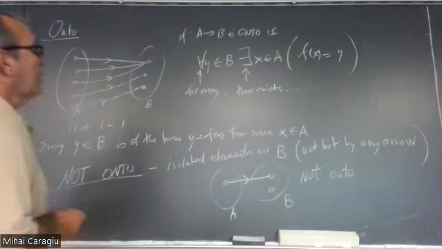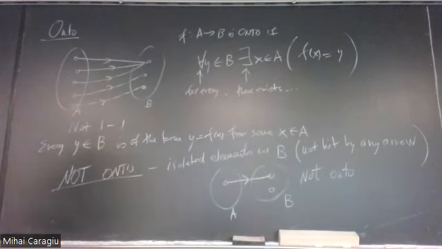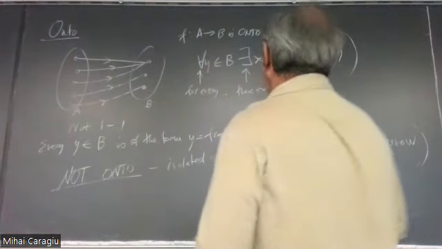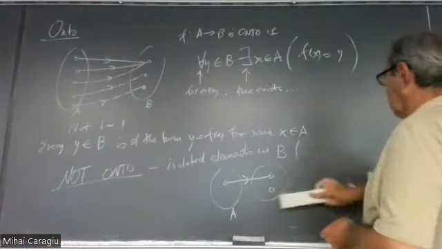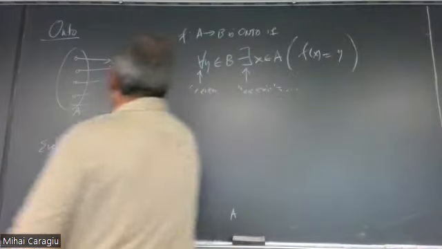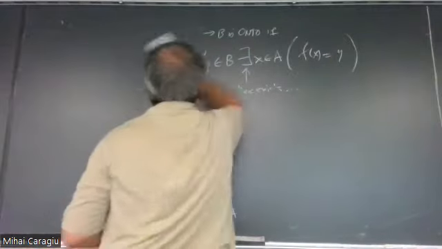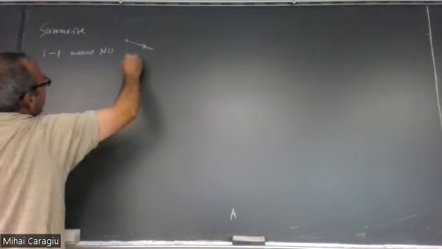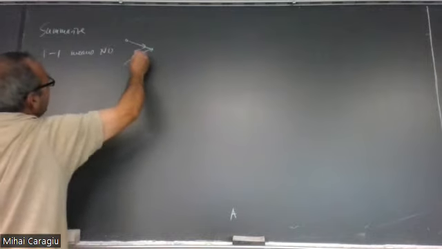Okay, so far we know what one-to-one and onto functions are. Let me summarize. One-to-one means no V shape like this.